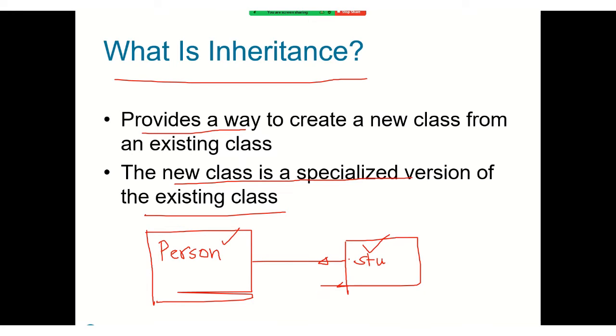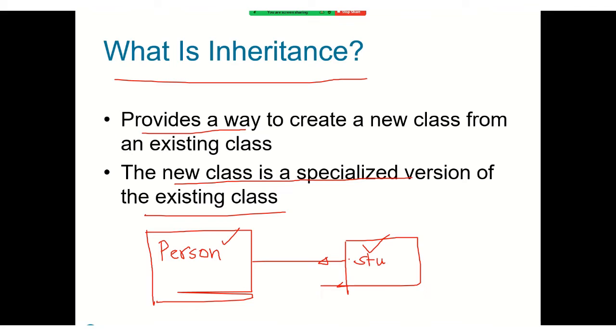If you think about an average person, you can say they have some demographic information: the name, address, date of birth, social security number. Maybe these four are the main attributes of the person. When you inherit student from the person class, the student will have all those four attributes, but on top of that, it can acquire other attributes as well.